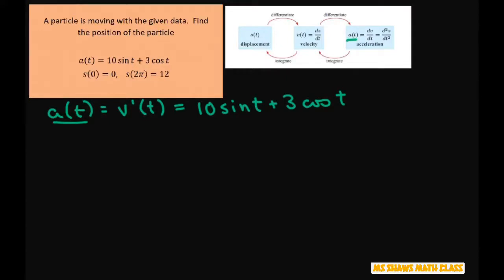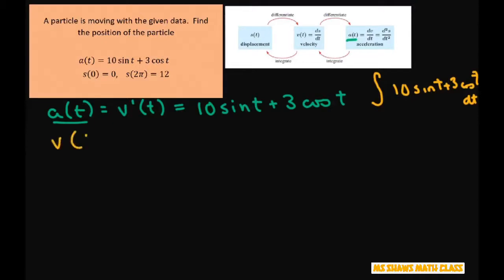So to find v of t, we have to take the antiderivative of 10 sine of t plus 3 cosine of t dt.